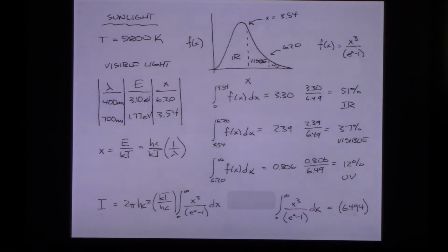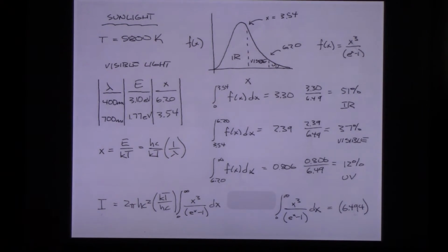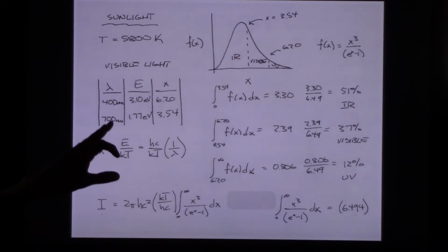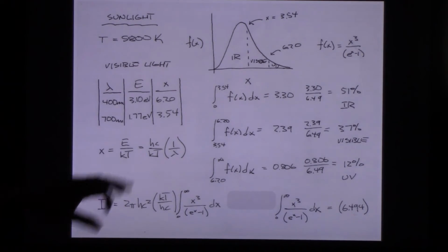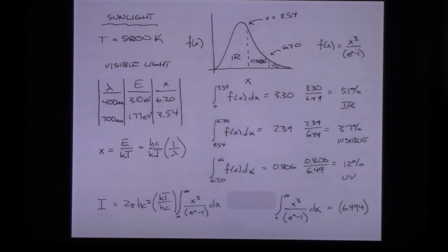So 37% of the intensity of the light, 37% of the energy, is coming out in photons between 1.77 eV and 3.10 eV, and that's the range of photons that my retina recognizes. So my photoreceptor cells respond to those photon energies. 37% is going to be in the visible part.